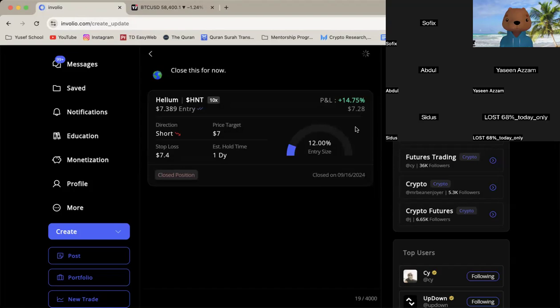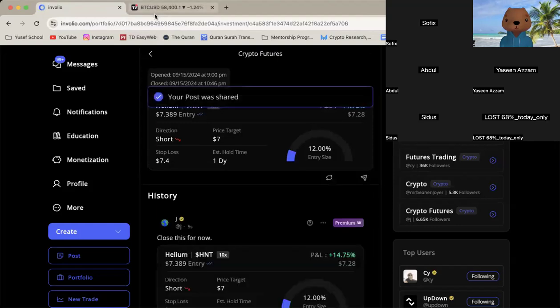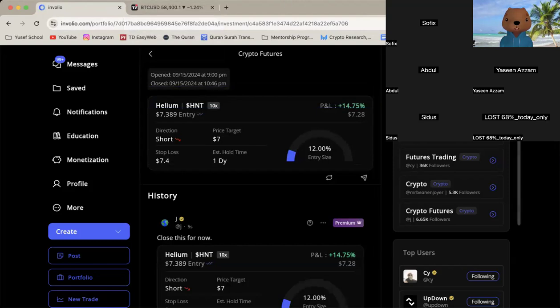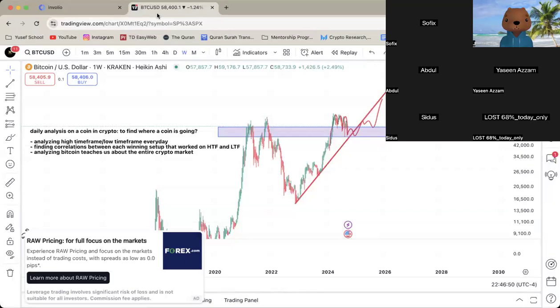Because one of my rules is I don't like to have trades open when I'm not looking at the chart. So just based off of this lesson, it's probably gonna run another hour and a half. I'm not gonna be able to look at this. So there you guys go.